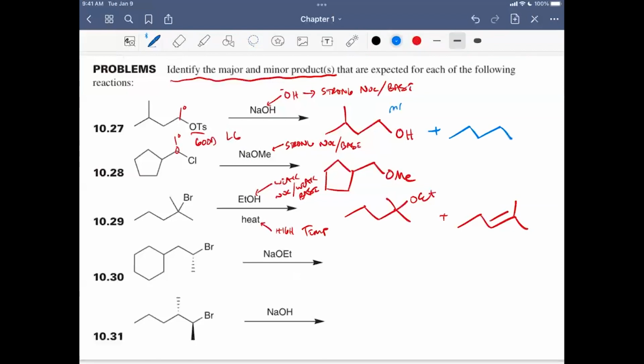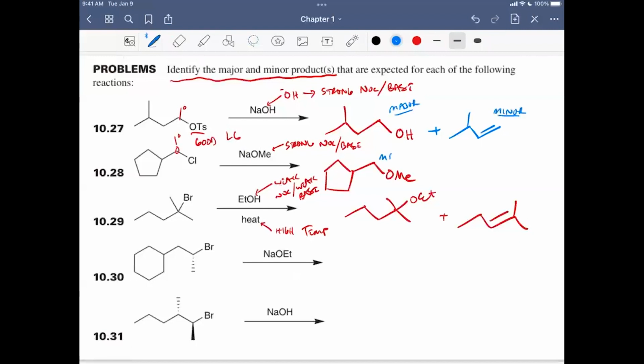So again, this is the major, and I'll show the minor here. This is going to look a little weird, but that's the only way. Let's see, one less, I added one more carbon. Something like this. So that's the minor product.